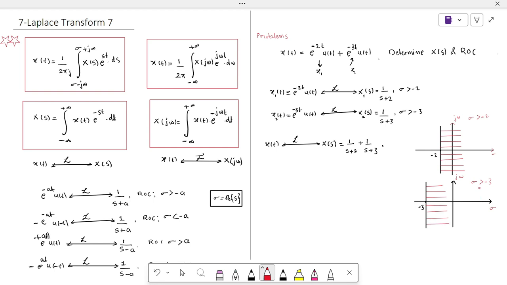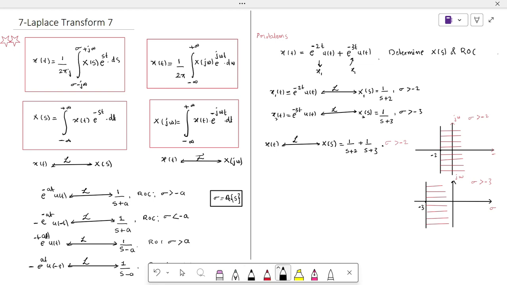So this is the region of convergence for sigma greater than minus 3. Which is the common area? Sigma greater than minus 2 is the common area between these two. So here the region of convergence is nothing but sigma greater than minus 2.